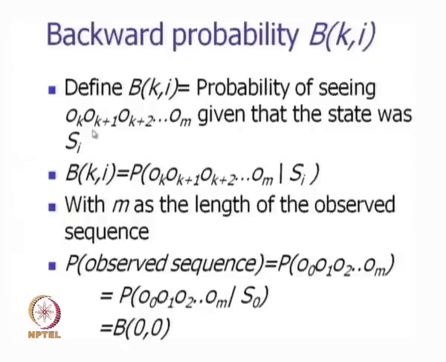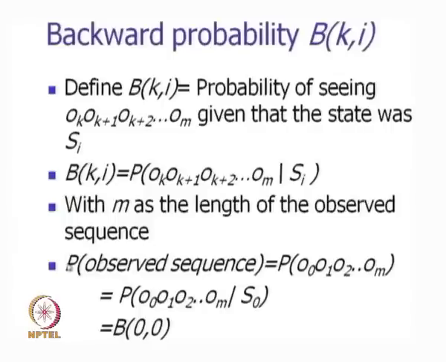In backward probability, we start from the kth observation symbol, go on up to the end of the string, and this is the observed sequence given that the state was S i. So, B k i is the probability of seeing O k up to O m, the end of the sequence, given that the state before outputting O k was S i, with m as the length of the observed sequence.